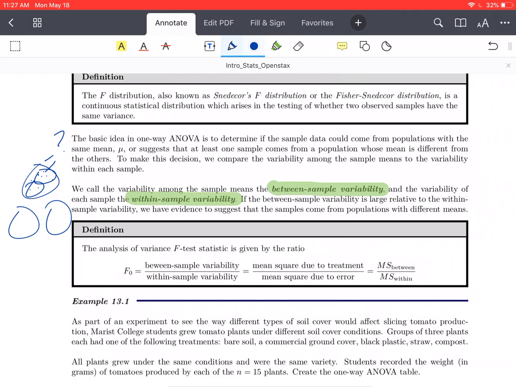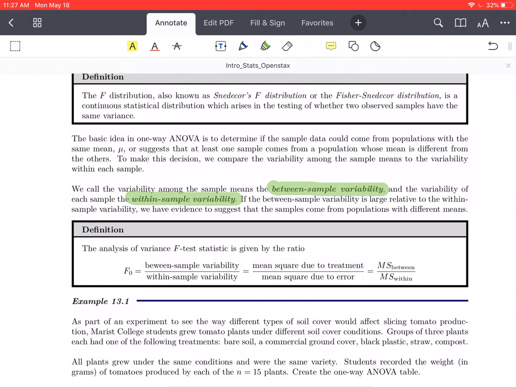There's going to be some variety among the different values within each sample. And when we talk about between sample variability, we're talking about the value I get out of this whole sample, and I'm going to compare that to the value of this one, and compare that to the value of this one. So within sample variability, as it says, is within one sample.